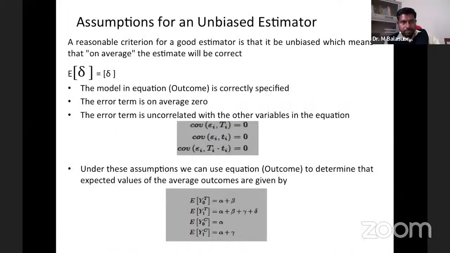See here the assumption of an unbiased estimator. The estimator will be a good estimator if it is unbiased. It means that the average estimate will be the correct one, the basic criterion for a good estimate.